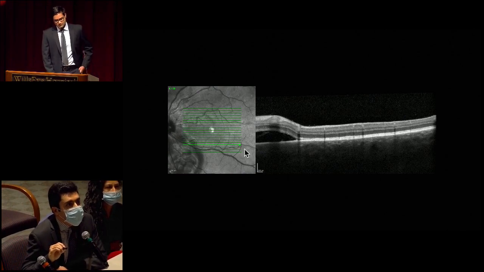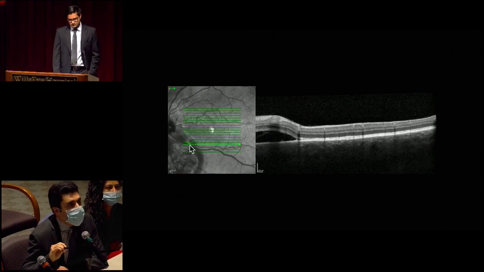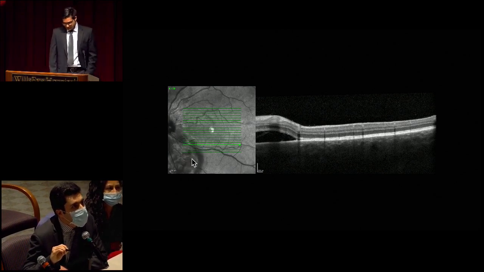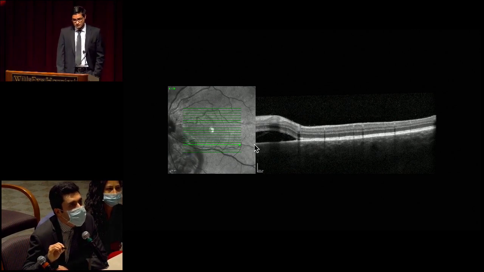And going further down in the macula, we have a horizontal cut capturing this somewhat, again, undulated, elevated appearance of the retina here. And we see on the B scan, it does correspond to a pocket of what appears to be subretinal fluid.